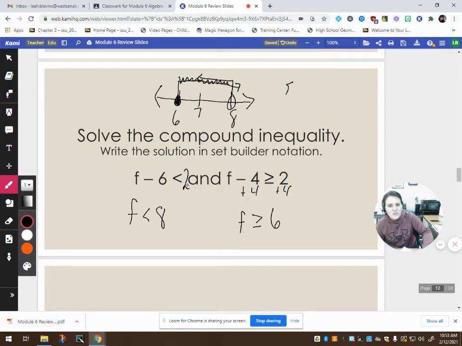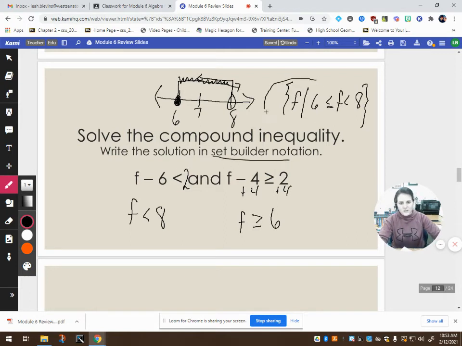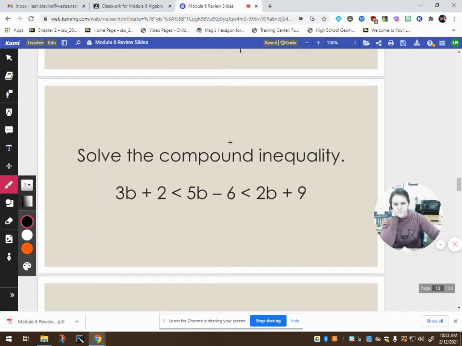So our solution set would be f, such that f is sandwiched in between 6 and 8, and it could be equal to 6, but not equal to 8. So I just put my answer in set builder notation. That's this right here. So we solved it first and then put it in set builder notation.